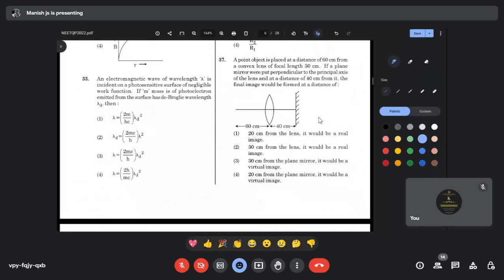So electromagnetic waves chapter. An electromagnetic wave of wavelength lambda is incident on a photosensitive surface of negligible work function. If m is the mass of the photoelectron emitted from the surface, having a de Broglie wavelength lambda d, then what is the correct relationship for wavelength lambda?